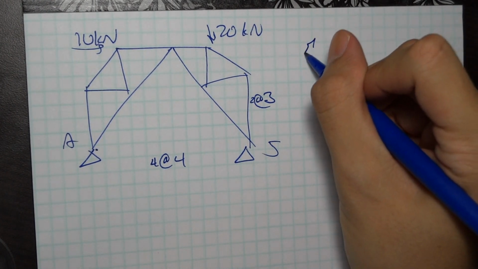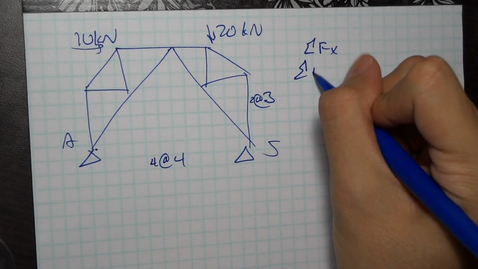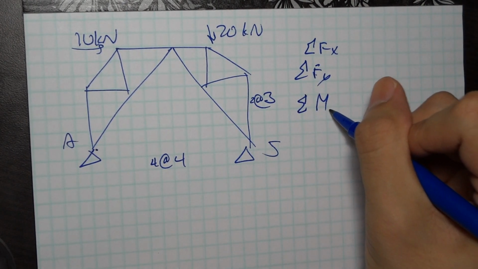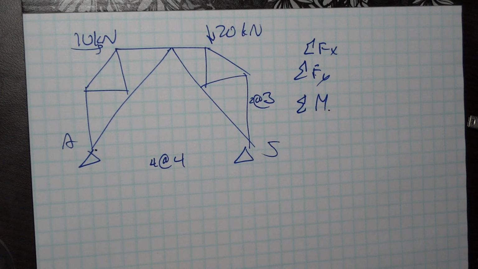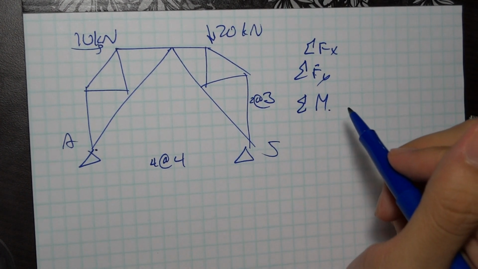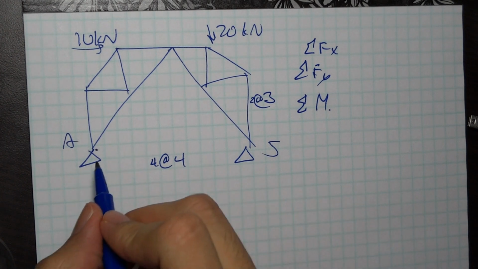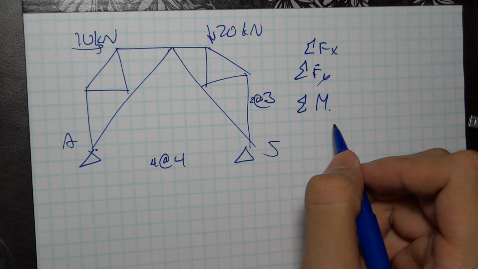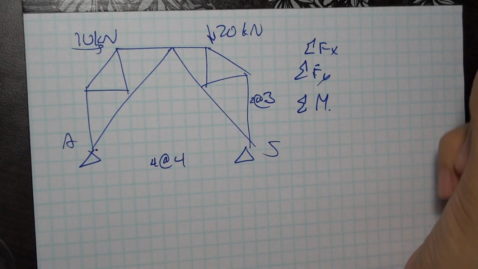You can use sum of Fx, sum of Fy, and sum of M about a point. In our case, you can very easily get the vertical reaction at A or J by using moments, and you can get the other reaction by using Fy.